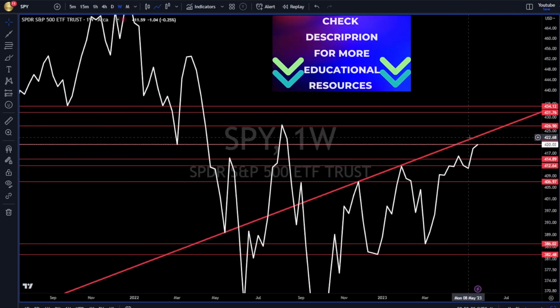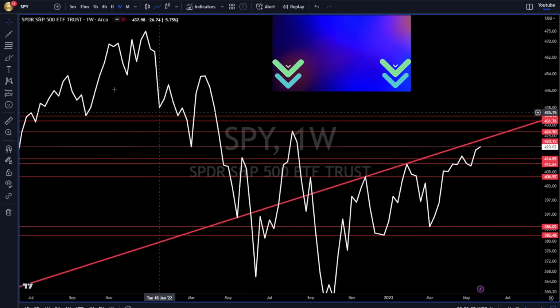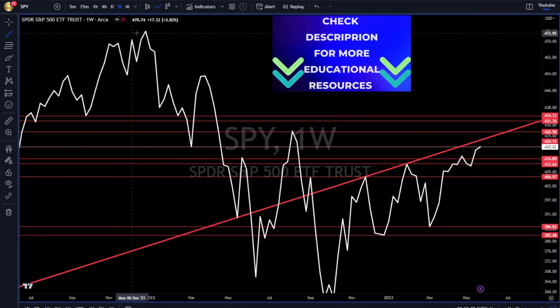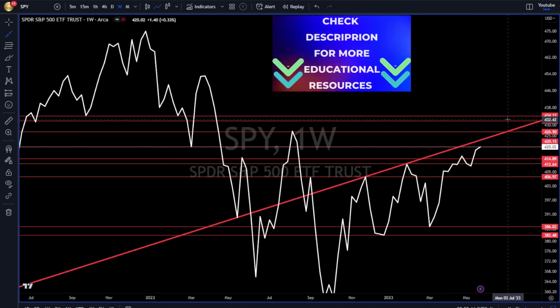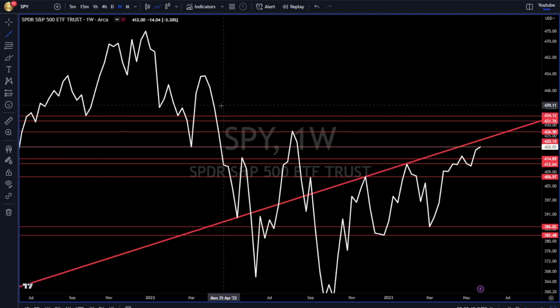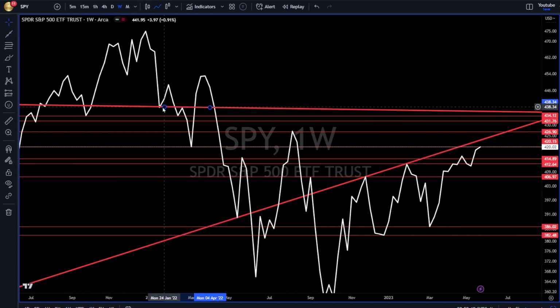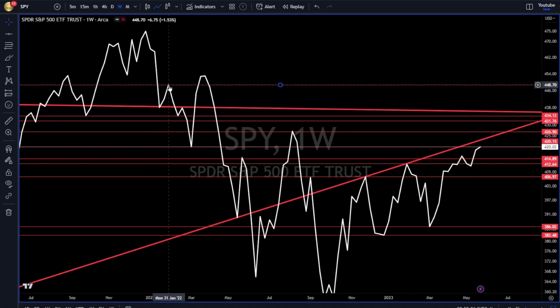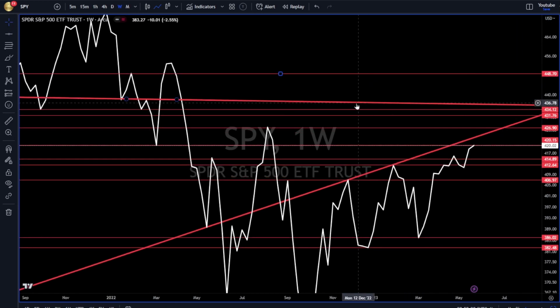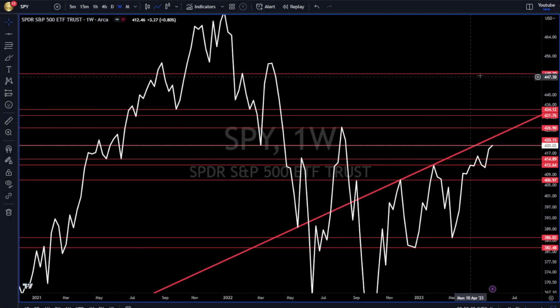Breaking up and above, we are going towards 434. Next level of resistance will be 434, and then we have 438, 450. That's it. No other indicators are needed, not even candlesticks, nothing.